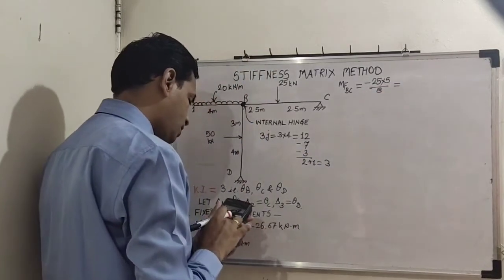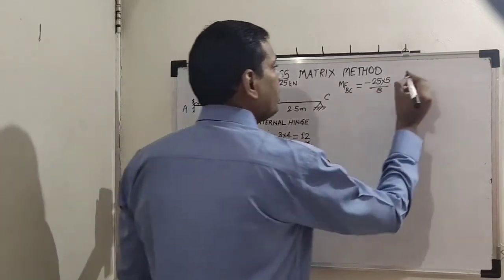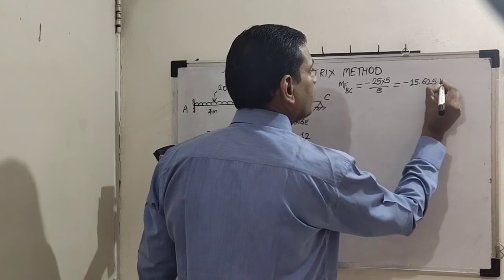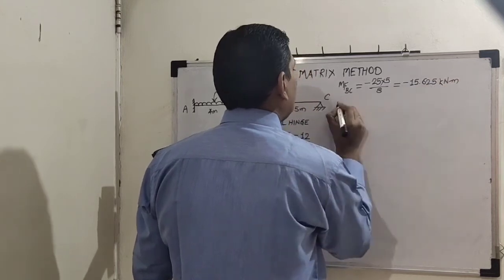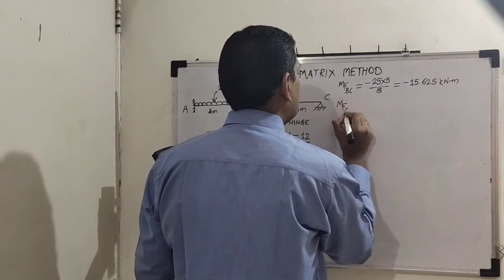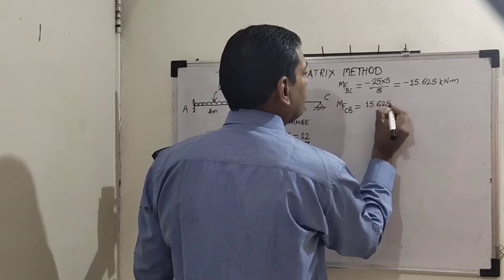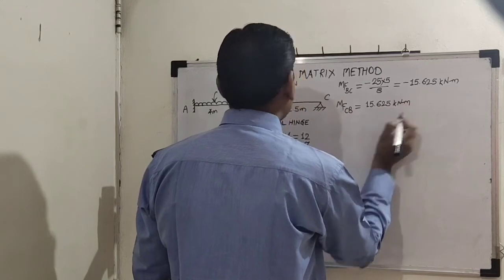Let us see how much this is. It is minus 15.625 kilonewton meter. And then MFCB is plus 15.625 kilonewton meter.